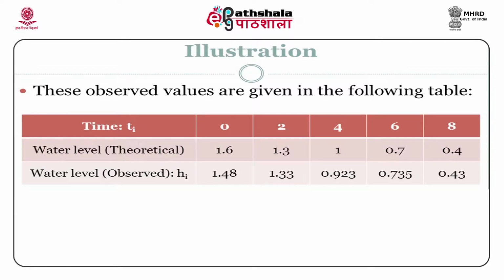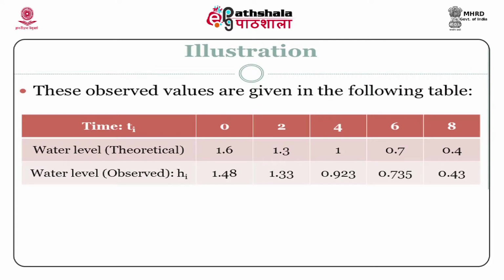The reason being that your cross sectional area is 1, so height will determine the cubic meter water volume in the tank, and this water volume decreases at the rate of 0.15 per minute, and therefore we can say that height h(t) will decrease as 1.6 minus 0.15 t. So this is the exact relationship between the time and the height of the water level.